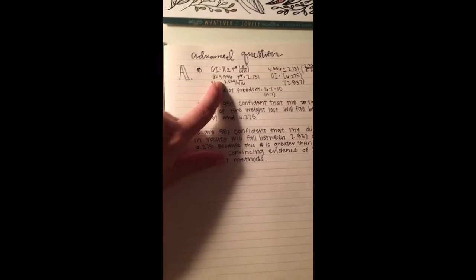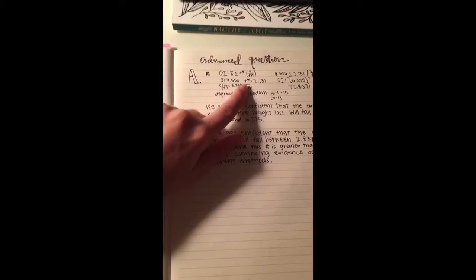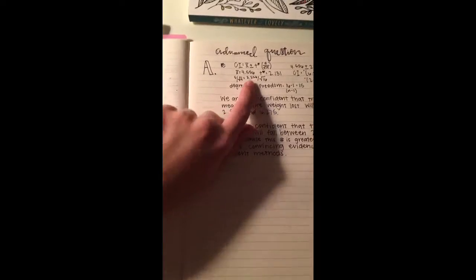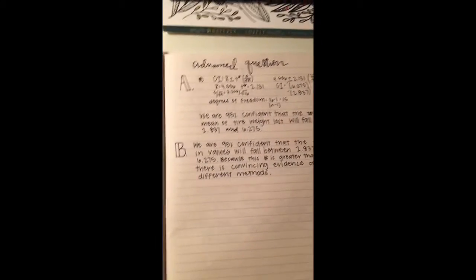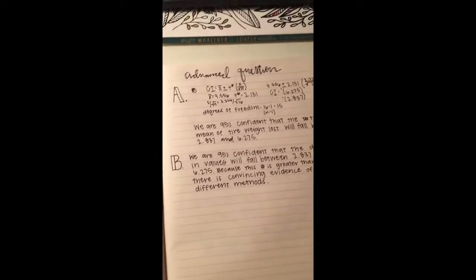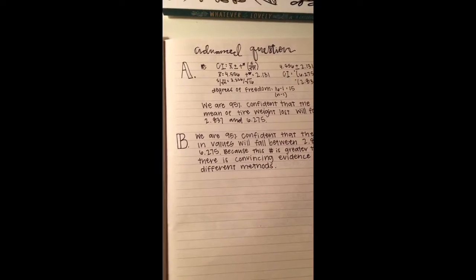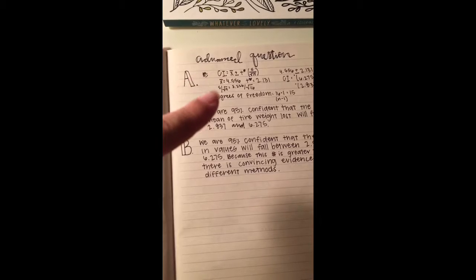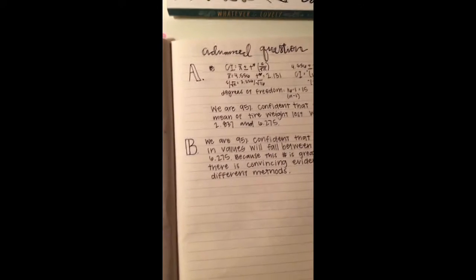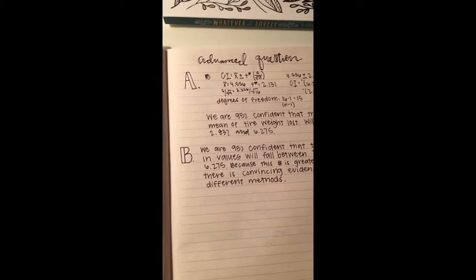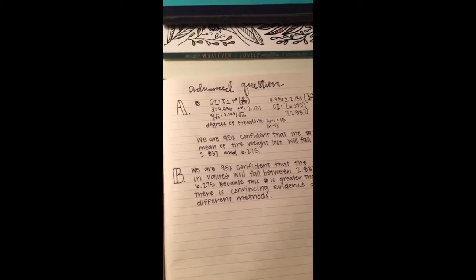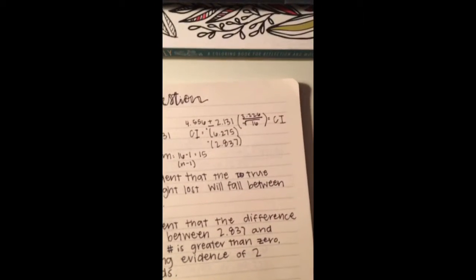We have 4.556 for the x bar, and t star was found in the table for the 95% confidence interval; that's the constant that matches up with that percentage. Then we plug in the sample size and the standard deviation, and then come over here to where I solved it.